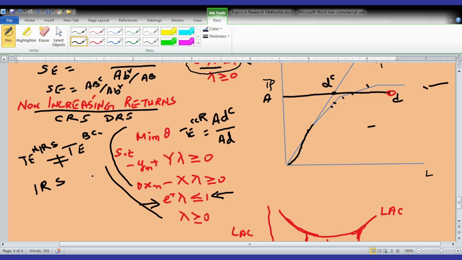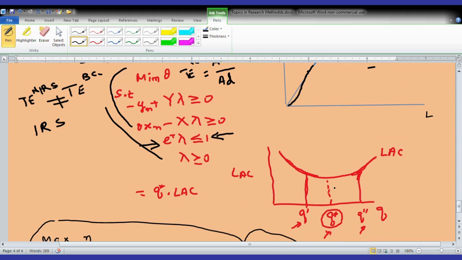So if you look into this long run average cost curve, we have increasing returns to scale here because long run average cost is falling, and this is decreasing returns to scale because long run average cost is rising.